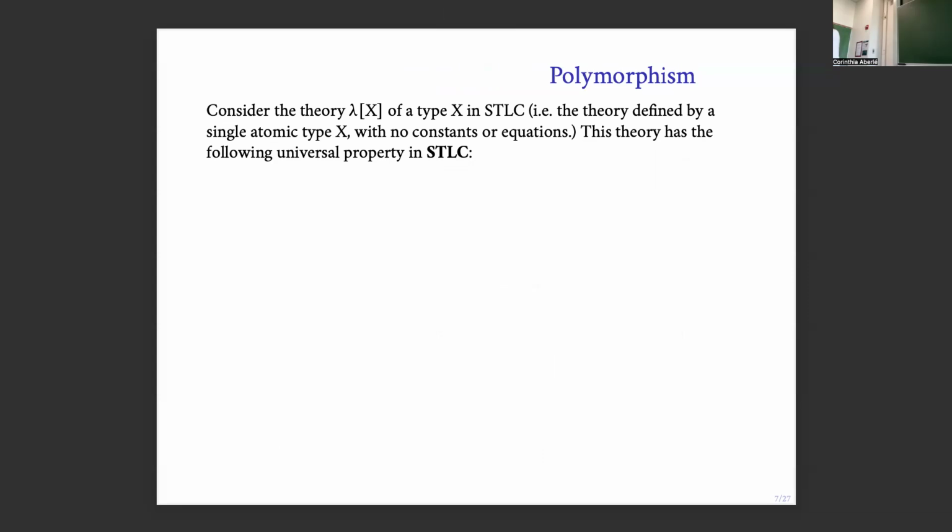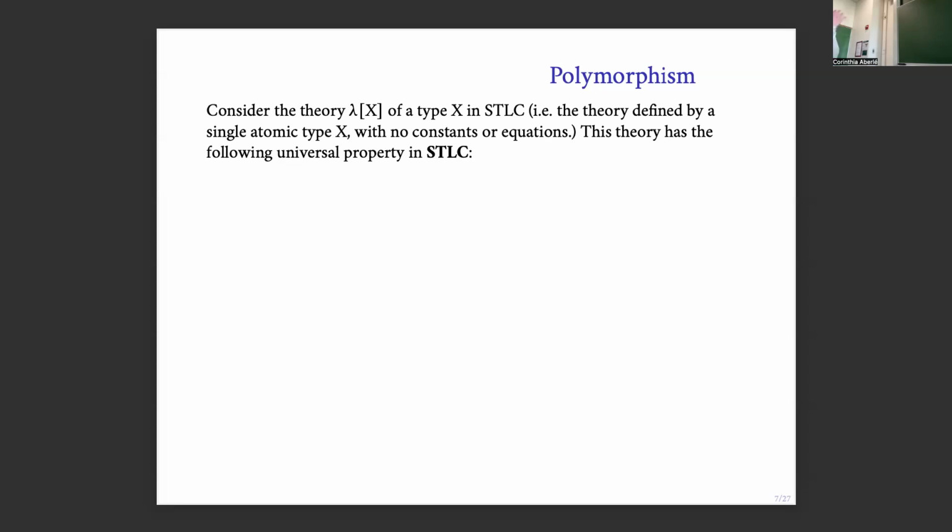But now I want to do something a little bit more complicated, and this is where we get to start talking about some interesting things to do with parametricity. Consider the lambda theory λX, which is just the theory of a type. We add just one basic type variable X, and that's it.